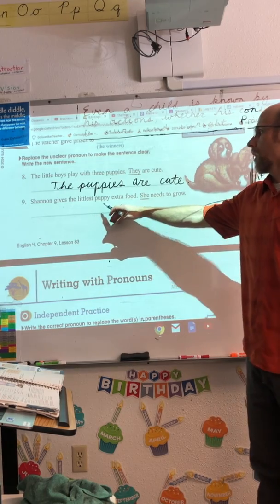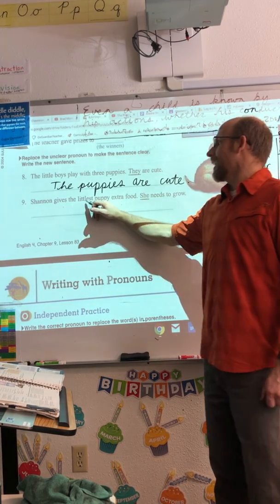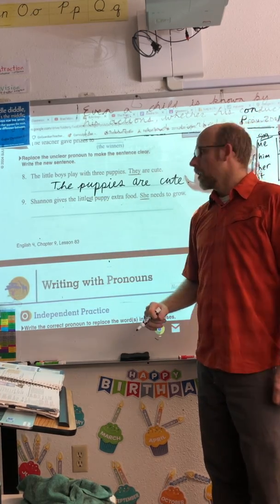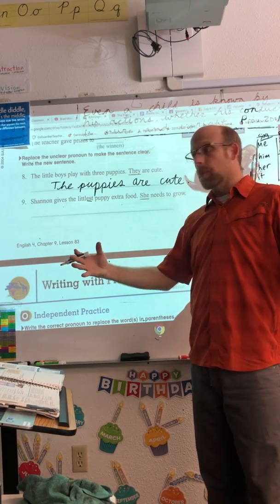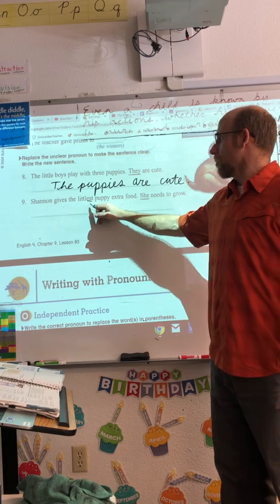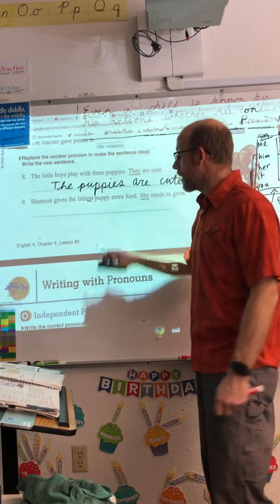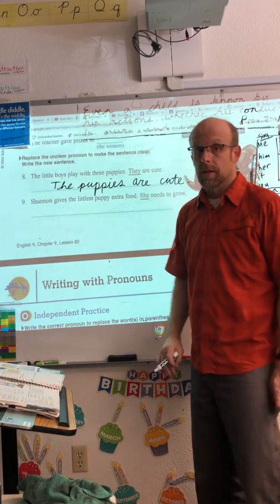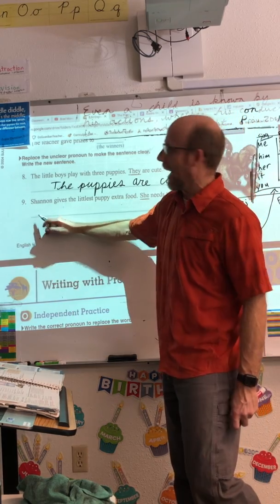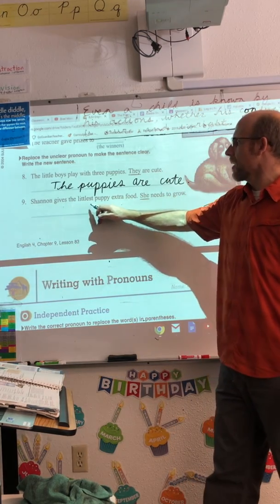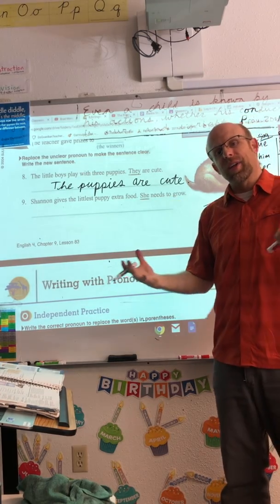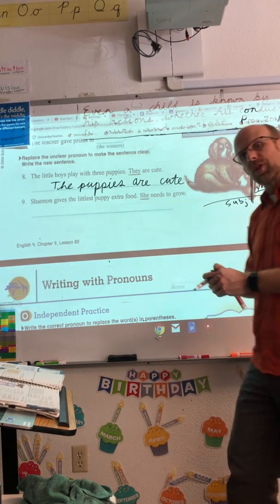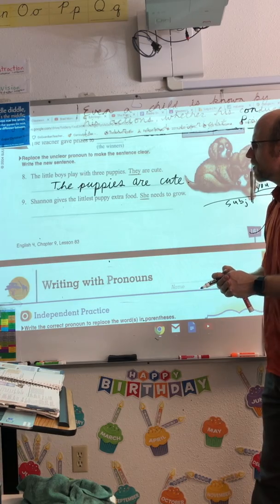Okay. Reese, you get the next one. Shannon gives the littlest puppy. Oh, look at that EST. So it's comparing that puppy to all the other puppies in the litter. So it's 3 or more. So they use EST. We just learned about that. Sorry, got distracted with that cool fun fact. Shannon gives the littlest puppy extra food. She needs to grow. What's unclear about that sentence, Reese?